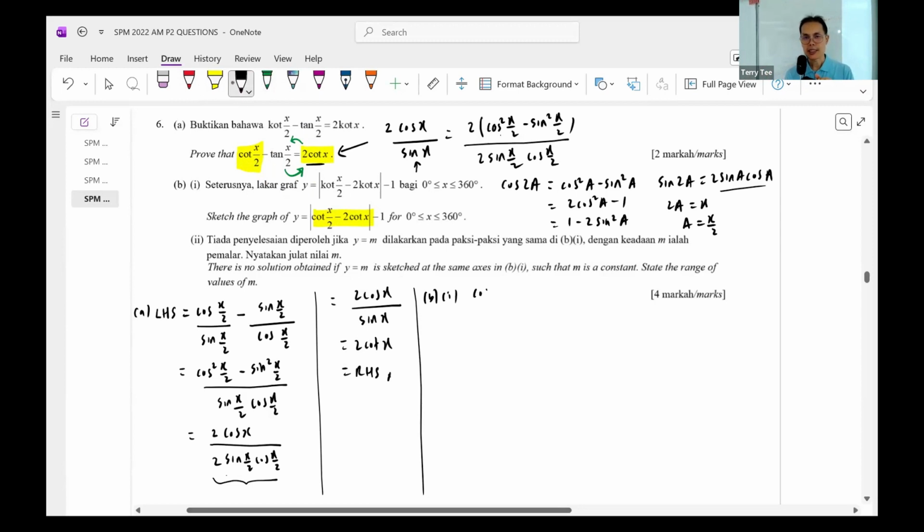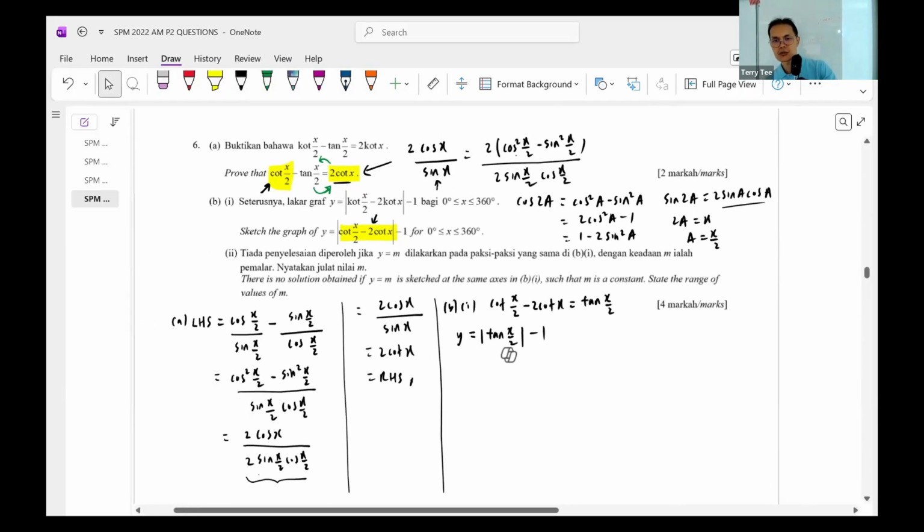We know that cotangent x over 2 minus 2 cotangent x is equal to tangent x over 2. Where do I get this from? From this line here. I need to do that so that I can sub inside the function here, y equals modulus tangent x over 2 minus 1. All right, next we need to draw or sketch the graph of tangent x over 2.